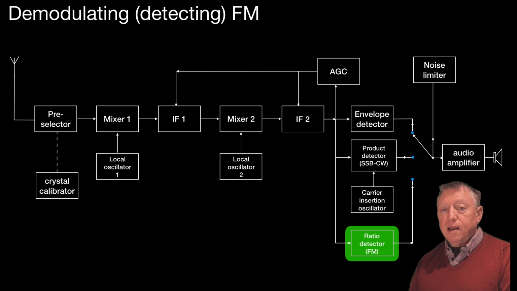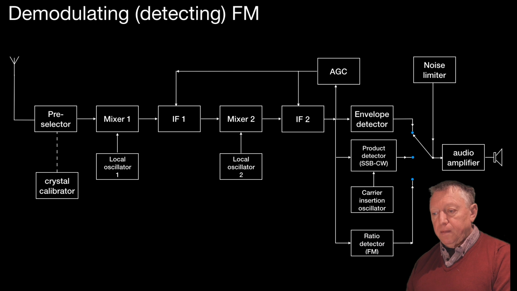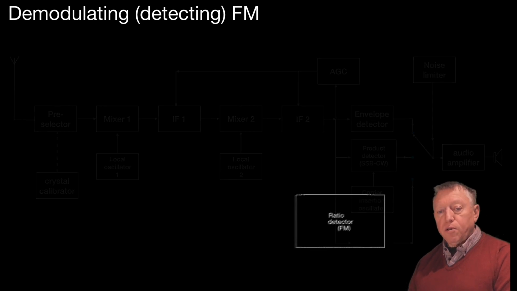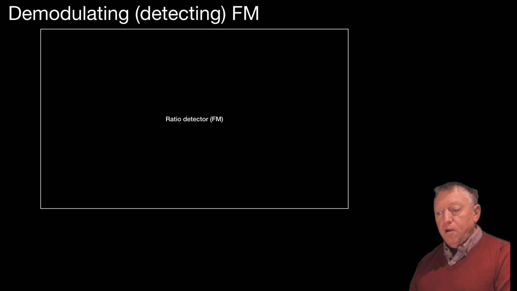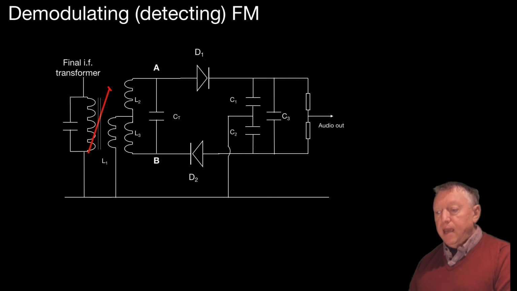So the ratio detector has a fairly good tolerance for amplitude changes while responding well to frequency changes. So let's have a look inside the block and see what's going on. Here we have an example ratio detector.